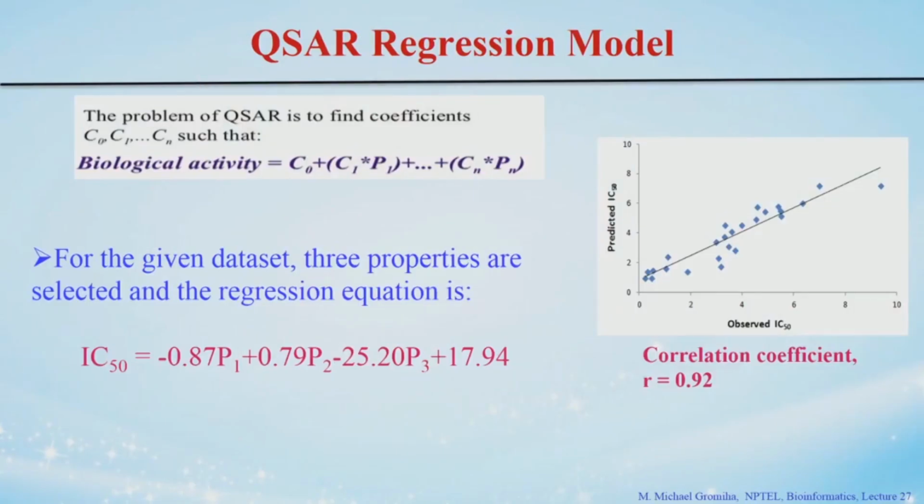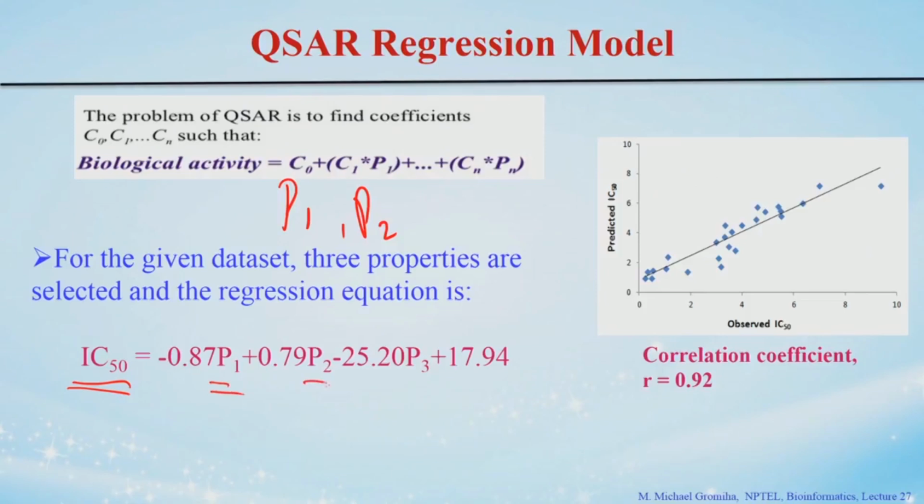In this case what can we do? You can combine different properties. For example, property P1 gives some information, and P2 can capture some other information in a particular compound. If you add up these two properties, then you can better predict the activity rather than using a single one. So, you can use different property values and see whether you can combine them to express the IC50 in terms of a combination of different properties.